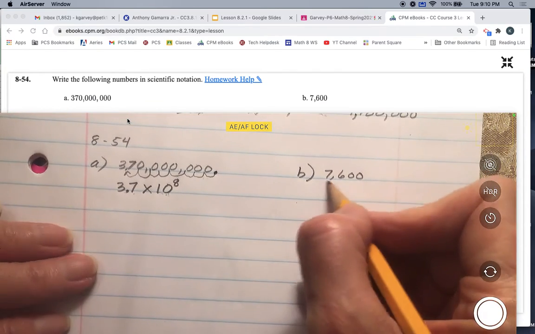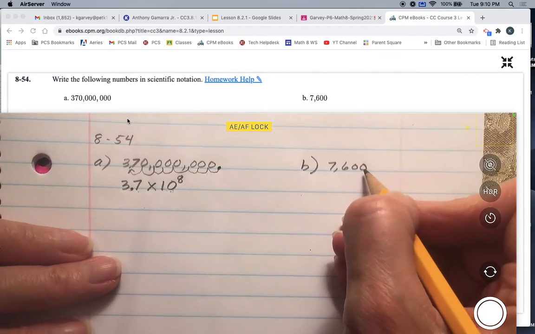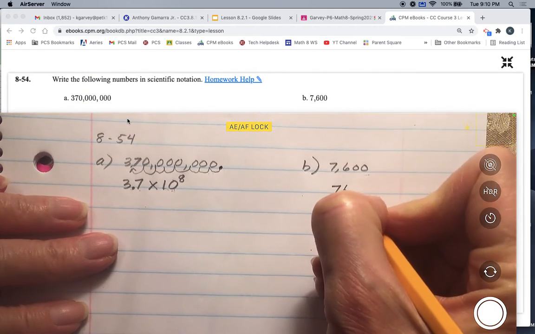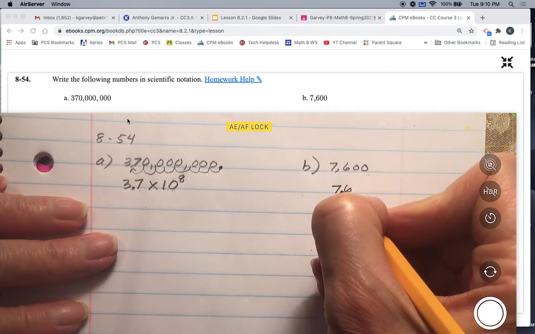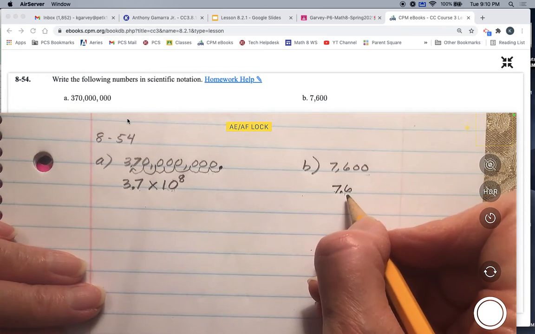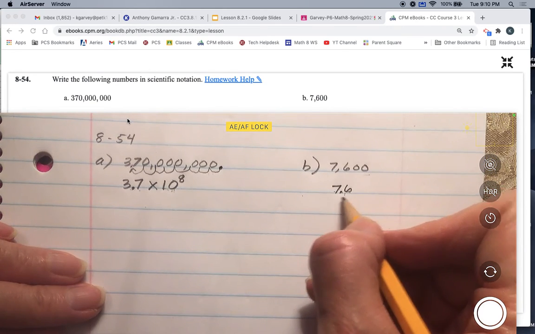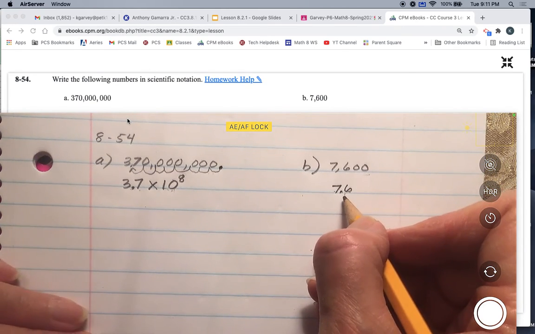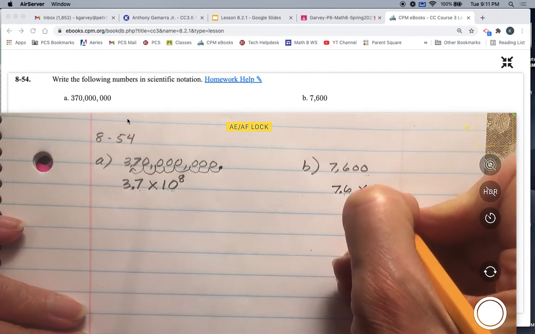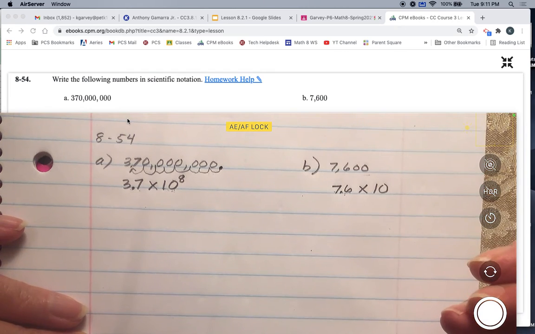Okay, so over here we've got a smaller number, but we can take these two digits, and if I put the decimal point between the 7 and the 6, then this number is less than 10, but larger than or equal to 1. So that makes a good first factor, and now we have to figure out what the power of 10 would be.